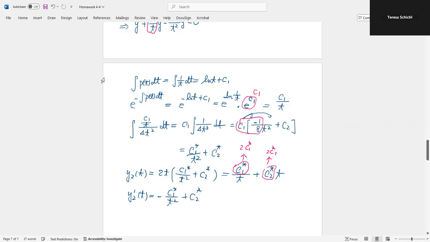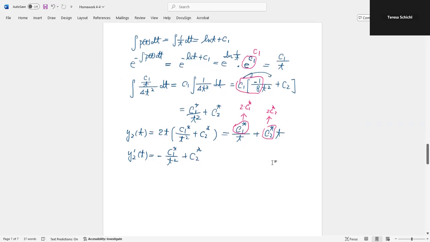Okay, so now let me substitute the initial condition. So the initial condition is y2(1) equal to 1. So that means I substitute 1 in here. So I will have C1 star over 1 plus C2 star equal to 1.